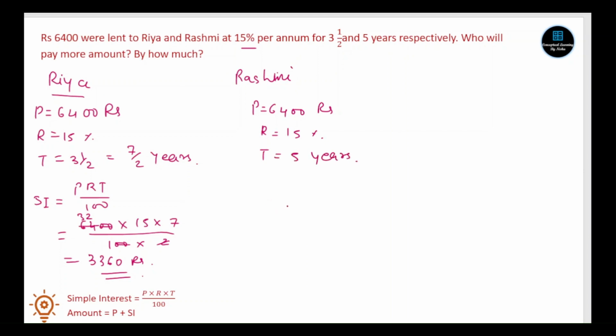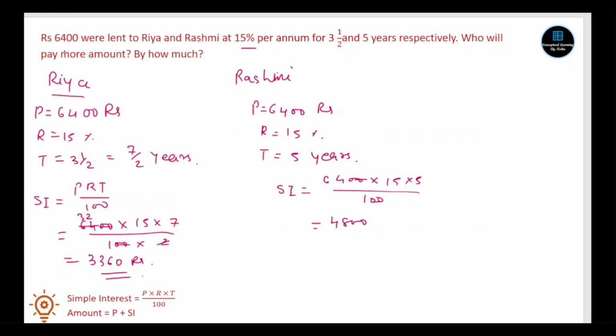Alright, then we'll find SI. SI is equal to, you write the formula and then simplify, okay? So 6,400 into 15 into 5 upon 100. And when we solve, what do we get? 4,800. Correct? The 0 will get cancelled out and you simply multiply.